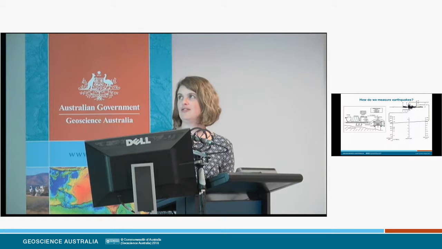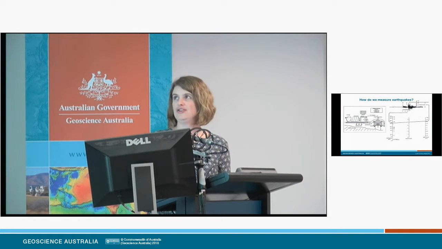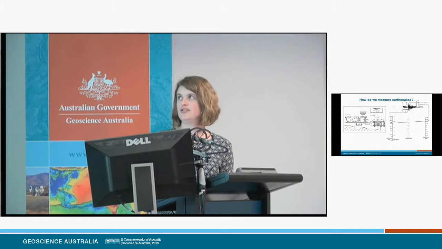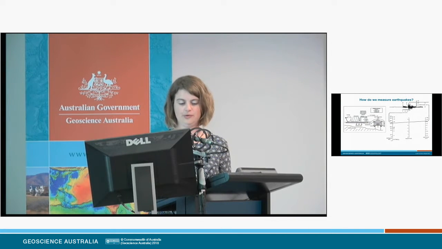So we've got a P arrival and an S arrival, and we can calculate the magnitude of an earthquake by calculating the distance from the P and S arrival to calculate the distance here, and then measure the amplitude from the lowest amplitude to the highest amplitude. Together these two things you can calculate the magnitude from.